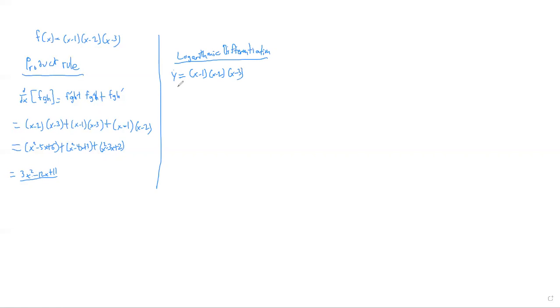Okay, so y prime is thus equal to, no, actually, you know what, let's do it like this. Let's take, like I said, the natural logarithm of both sides. So ln of y is equal to ln of this stuff, right?